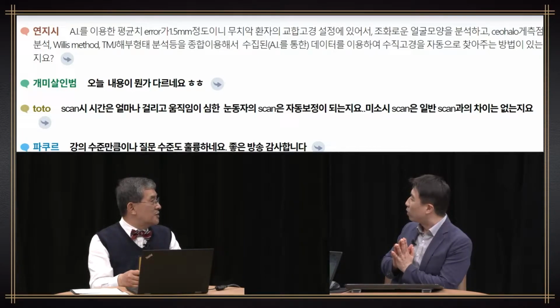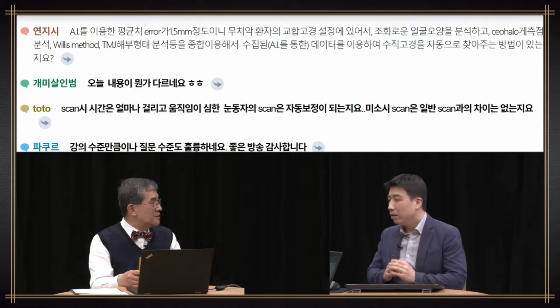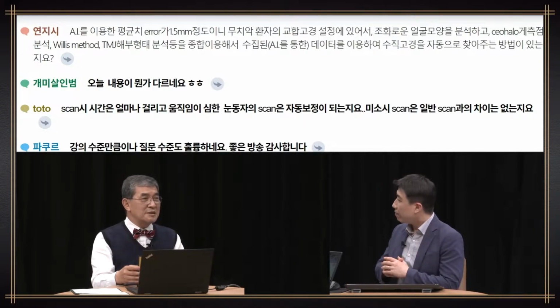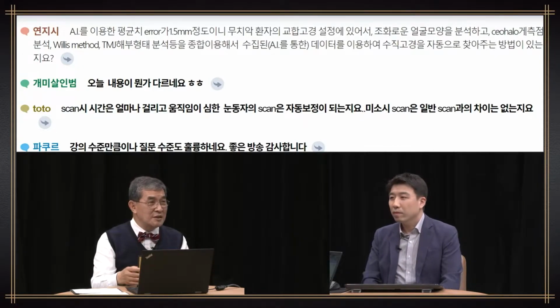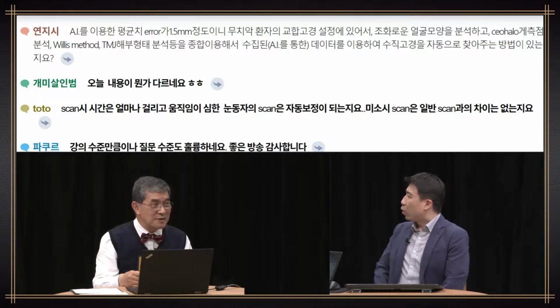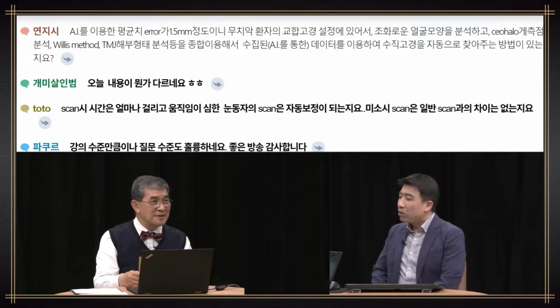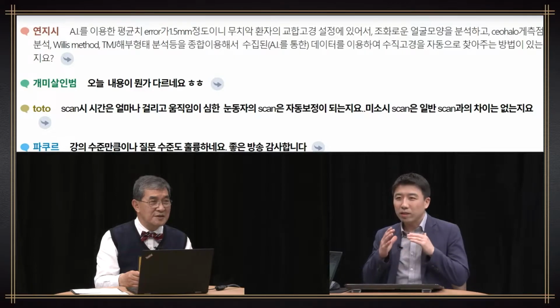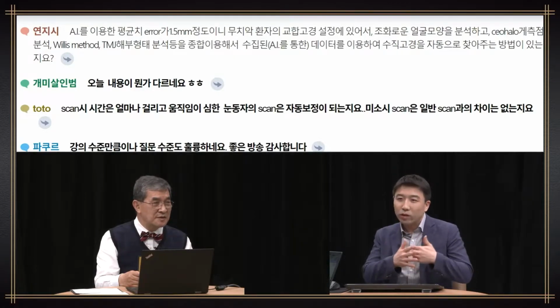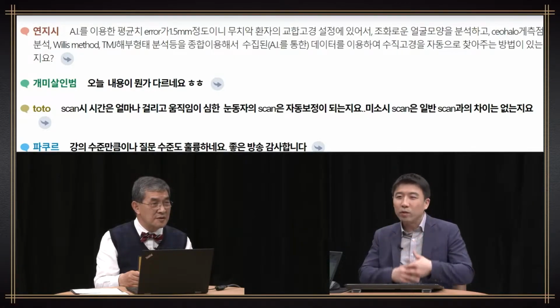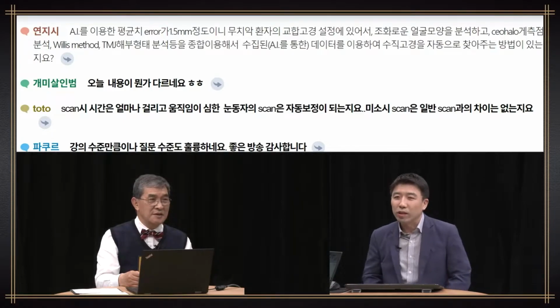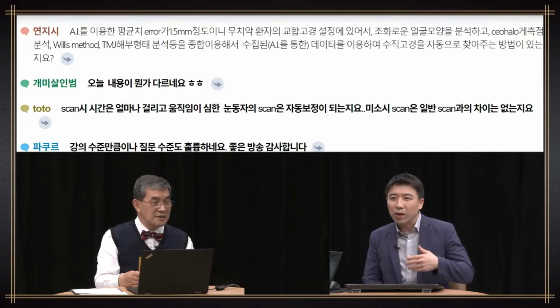I didn't really get the final question. So what is the difference when the patient smiles and when the patient doesn't? Is there a difference there? The scan process is actually the same. However, when the patient is smiling, it is difficult for the patient to maintain the same expression, and therefore there are many limitations in this end.